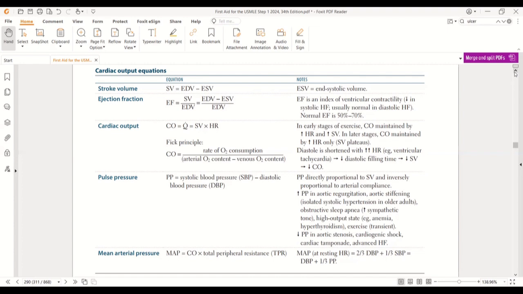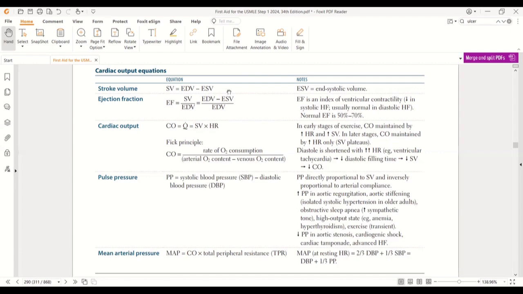The stroke volume is end diastolic volume minus end systolic volume. They ask about the stroke volume in the graph. In the next few slides, we have a lot of graphs, so we will discuss the stroke volume in those graphs. They mainly ask the stroke volume in graphs and cardiac curves, right?